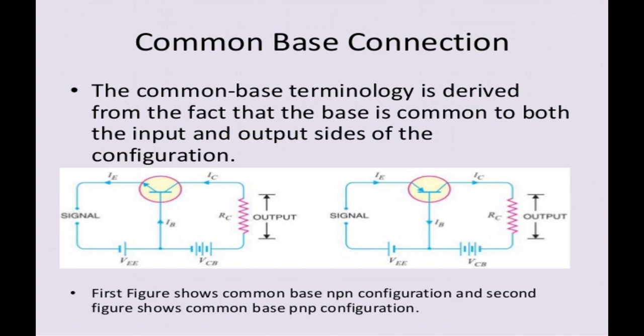The output is across the collector-base junction and the input is across the emitter-base junction. These are the symbolic representation and the terminology to connect the transistor in any circuit.